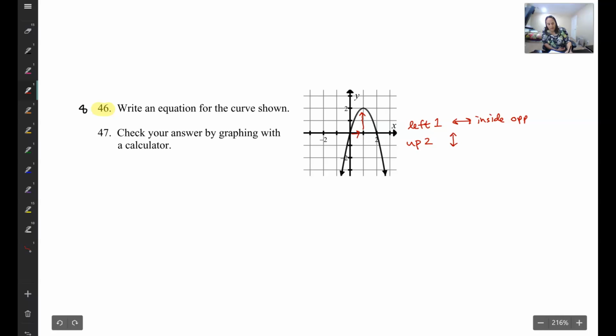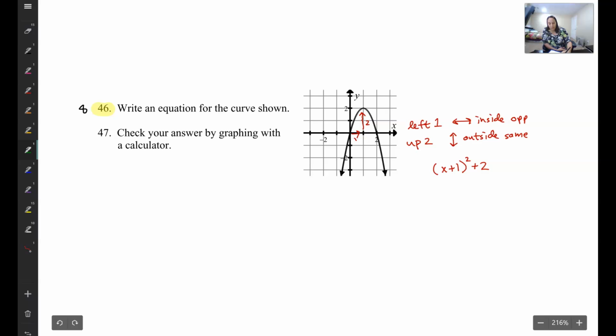And if we're moving up and down, that's going to be outside and the same, so up will be positive. So far for our equation, inside, opposite, so x plus 1 squared, because this is a parabola, I know it's going to be a quadratic, and then plus 2. So that is what I have so far for these two things.